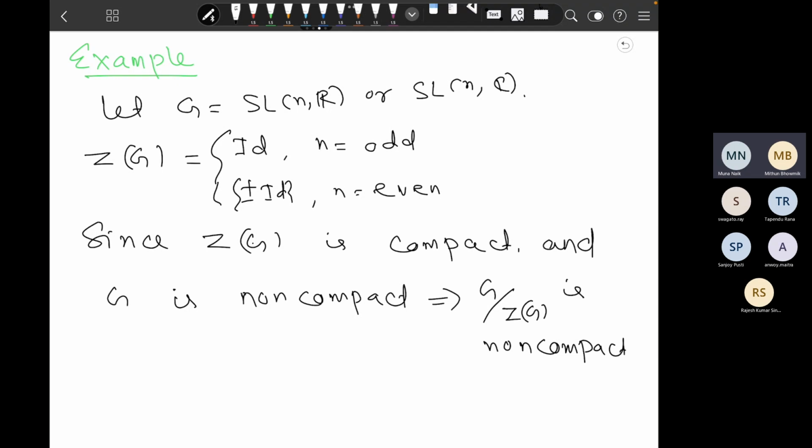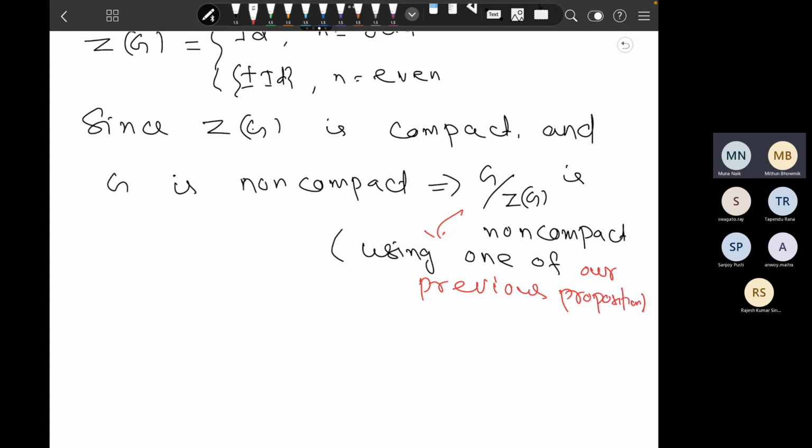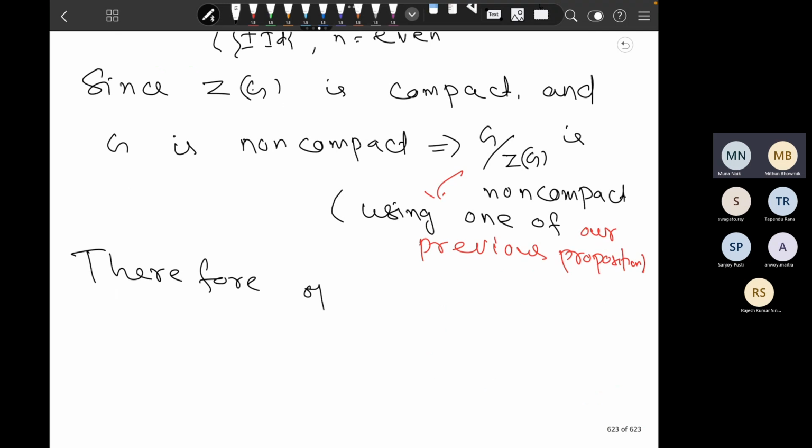If G mod ZG were compact, then G would be compact, which is a contradiction. Therefore, SLNR or SLNC is a non-compact Lie algebra.